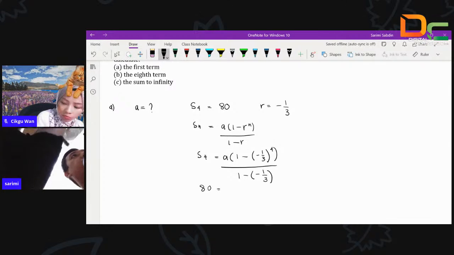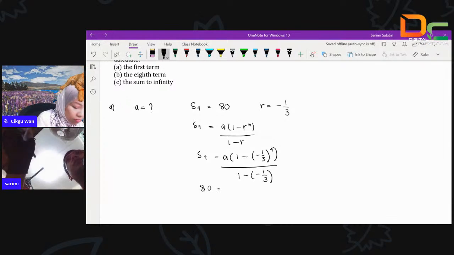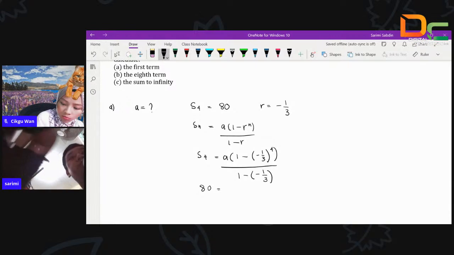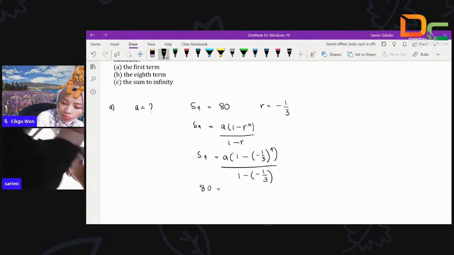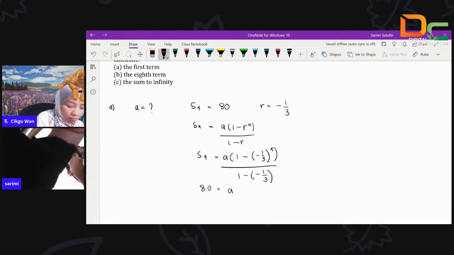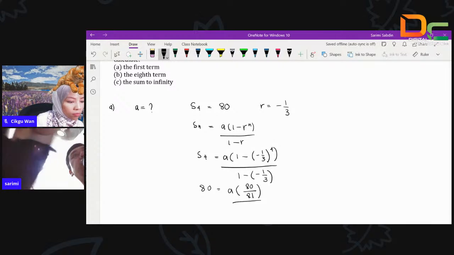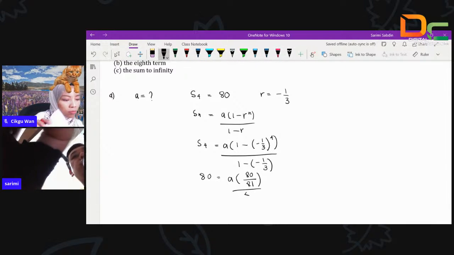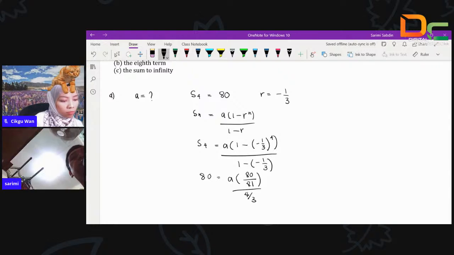Okay, so we can simplify this. Atas ni jadi A times 80 over 81. Bawah ni dia akan jadi 4 over 3.